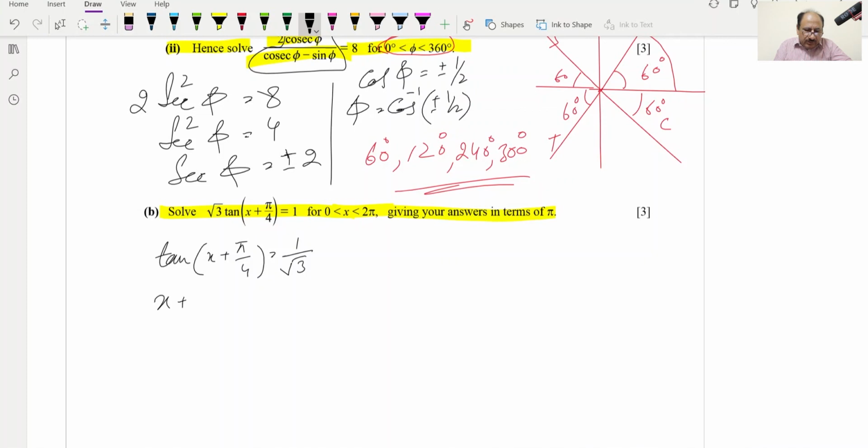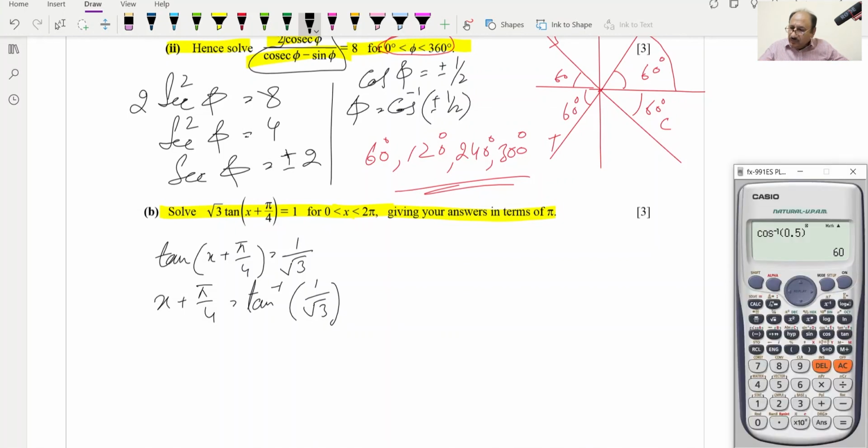So x plus pi by 4 will be tan inverse of 1 over root 3. Now shift tan of 1 over root 3, and this is equal to 30 degrees.